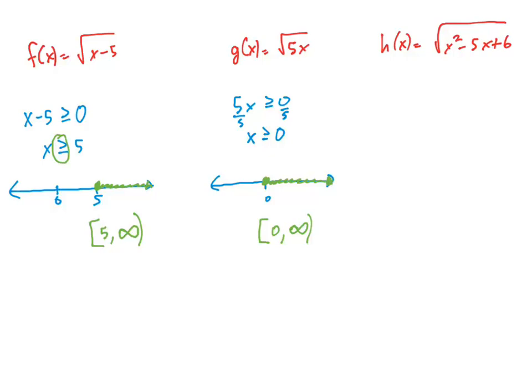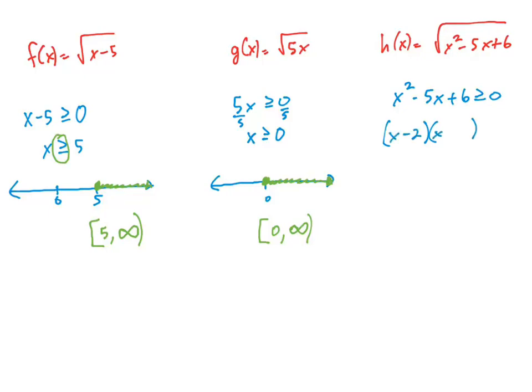H of x is a little more complicated, but we're going to use the same process. We want to figure out when the radicand is greater than or equal to 0. So we're going to do this one a little bit differently. We're going to think about this graphically. If we had a graphing calculator, we could graph this. But if we want to do this by hand, what I'm going to do is factor the left-hand side.